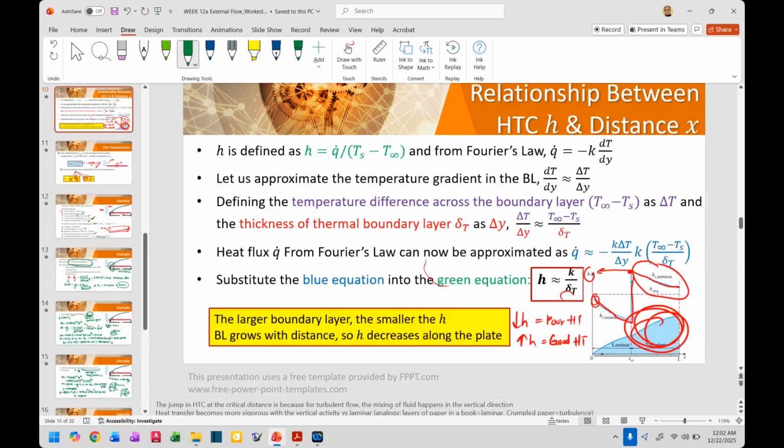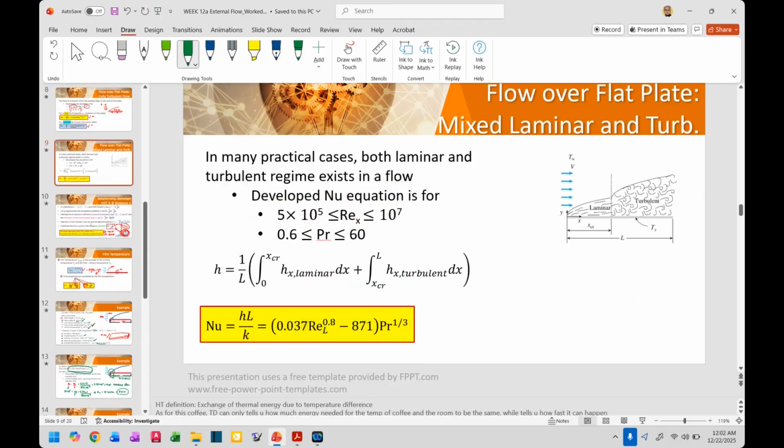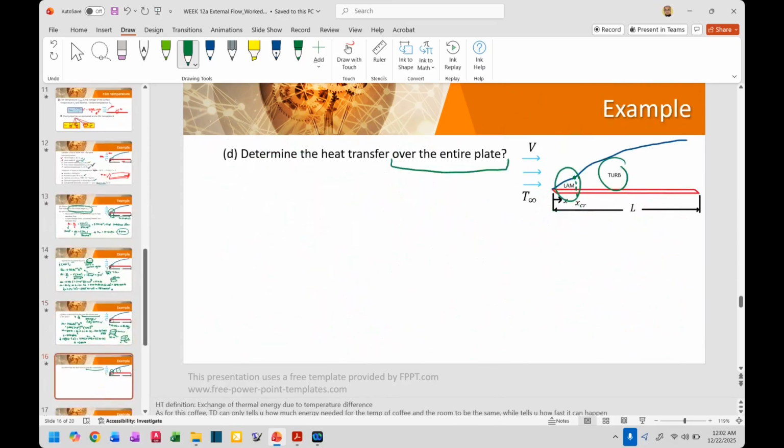So what you want to do is use the formula for the mixed laminar and turbulent flow, which is 0.037 and so on. Okay, so let's write that down.